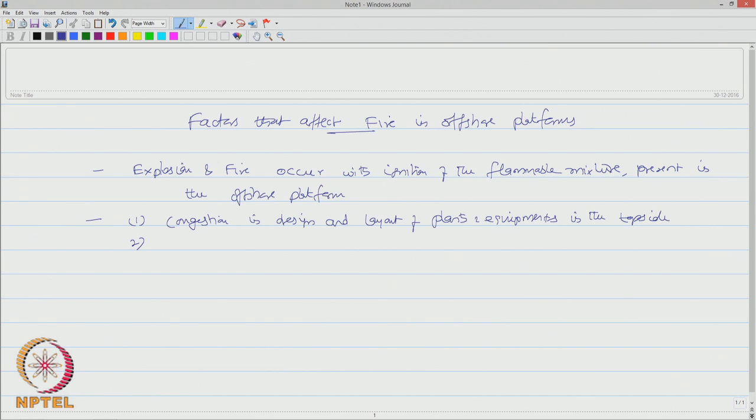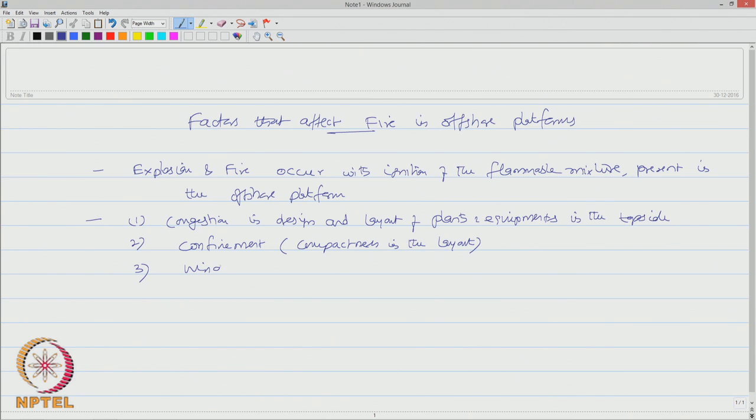The second factor should be referred to as confinement, what we say as compactness in the layout. In fact, that is one of the important factors which leads to fire.